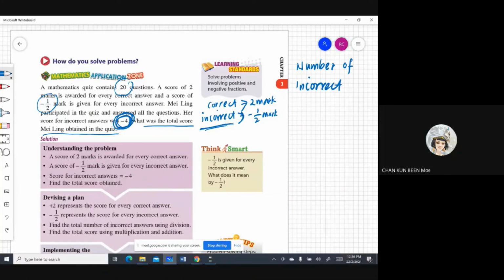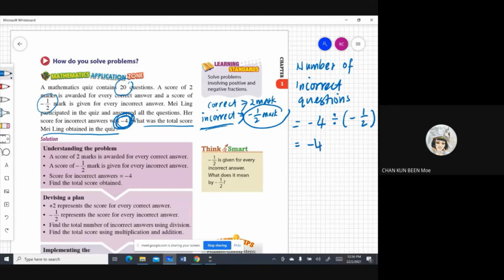To get the number of incorrect questions, you use -4 divided by the number of marks deducted for each question. So you divide by -1/2.